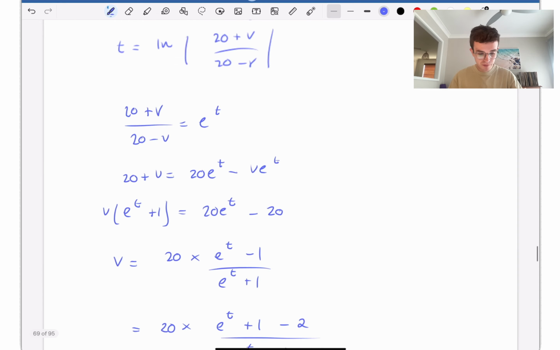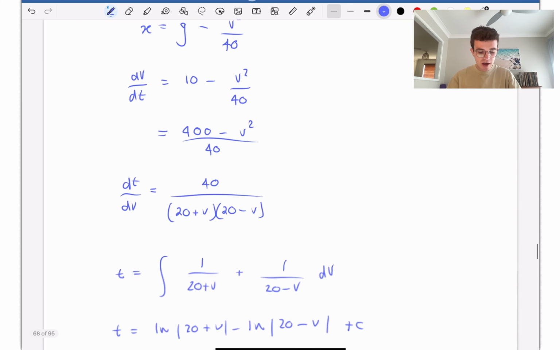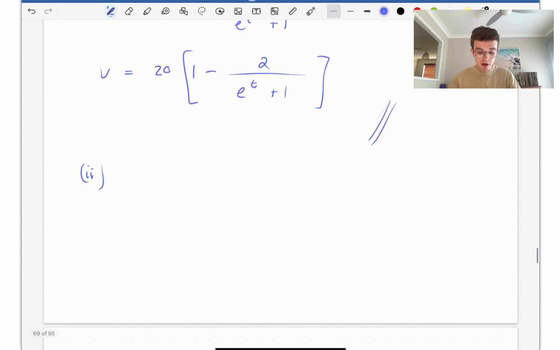Alright, part 2. We have to prove we've got x's and time. So our current question has got velocity and time, so we're going to make it nice and easy. We're going to replace it with dx by dt, and that's equal to 20 outside of 1 minus. Now, let's kind of think in advance. We are going to have to integrate this.